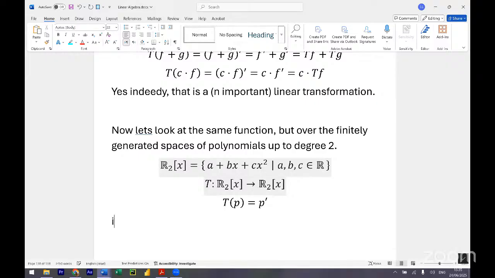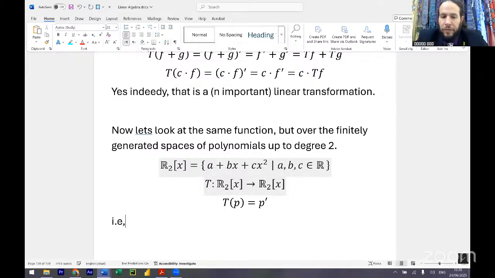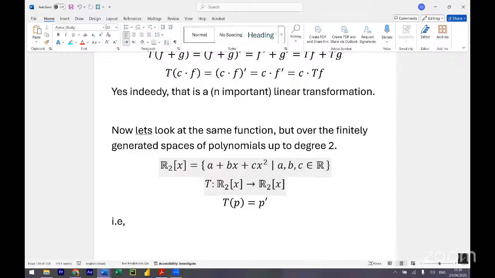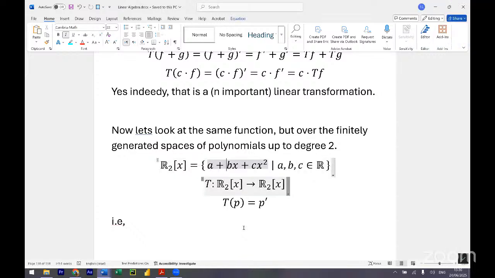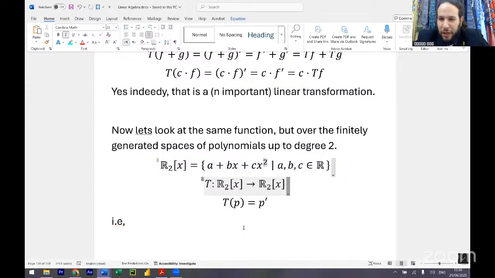Sorry, Erez, one question. Yes. What makes the polynomials up to degree 2 finitely generated? They are the span of 1, x and x squared. Because the amount of vectors is finite. Right? This is actually a span, right?